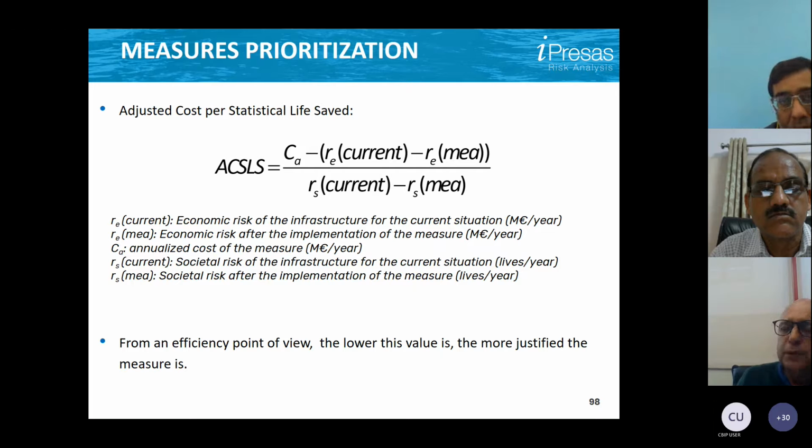It's not that we are putting money to lives, it's that we are calculating the marginal cost of saving one life if we prioritize that investment. This is an important equation to understand. The cost divided by the societal risk reduction gives you the marginal cost of saving one life.